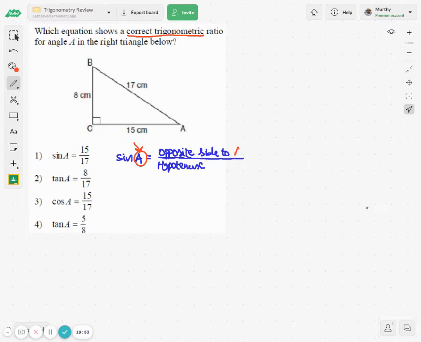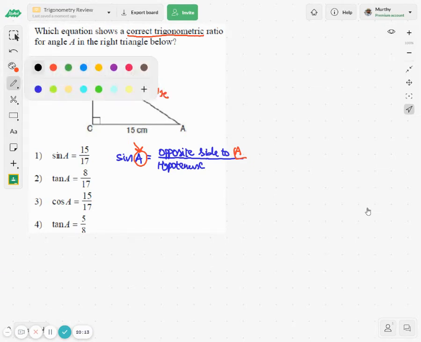So here the letter plays a vital role. I see that A is here, and I know that this is the opposite, and I know what the hypotenuse is here. Here is 17, or AB is the hypotenuse.